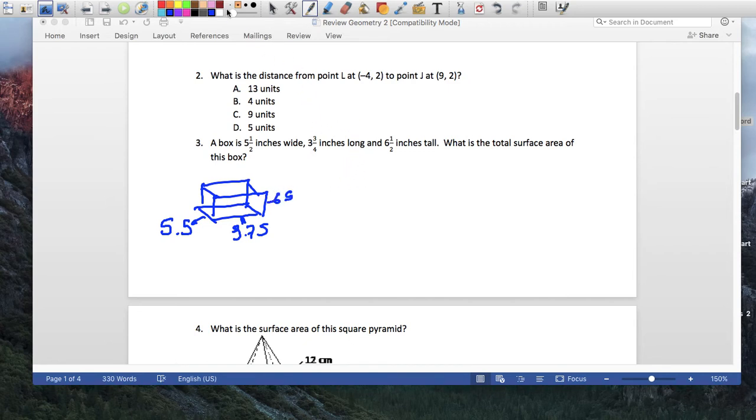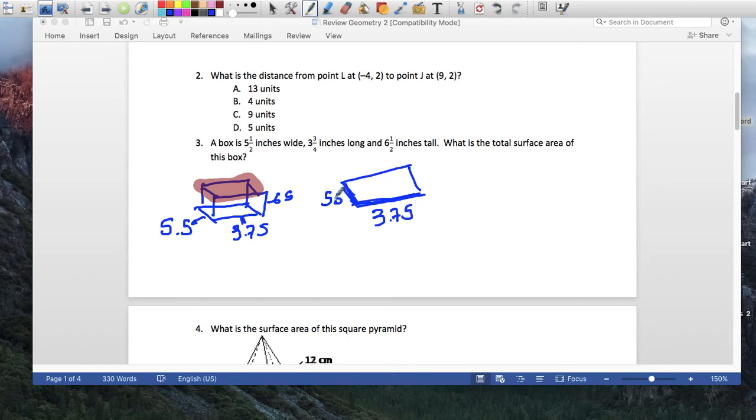So I'm going to focus on the top. I'm going to draw the top rectangle of that box, and that top rectangle is made up of 3.75, right? So let me highlight this. I'm focusing on that. So it's 3.75 going this way, and the side here is 5.5.